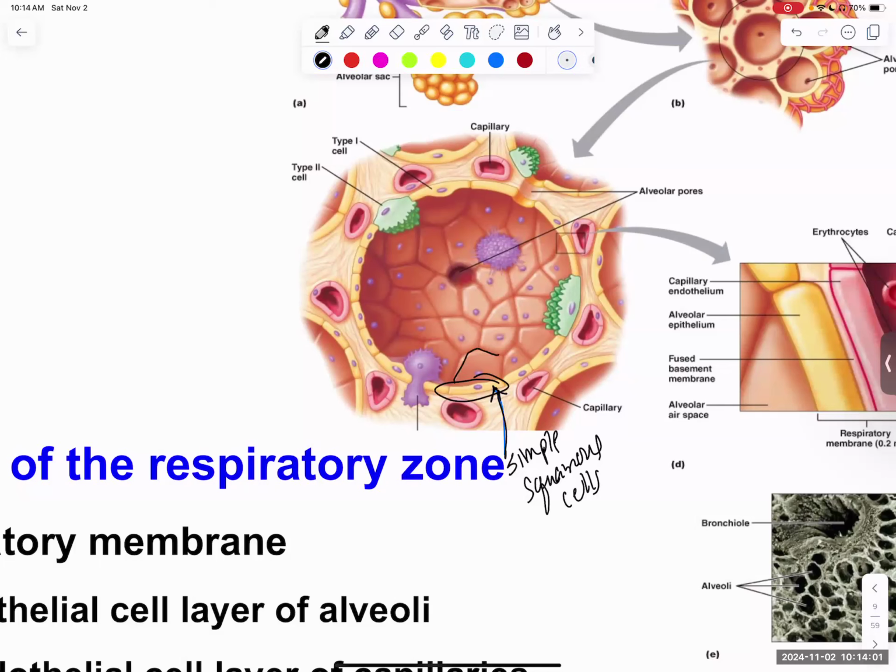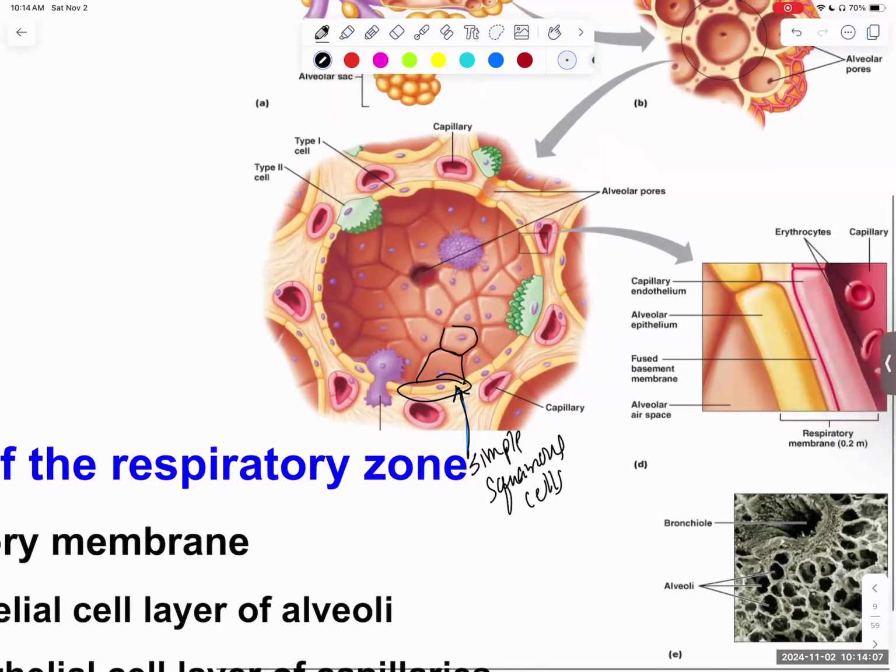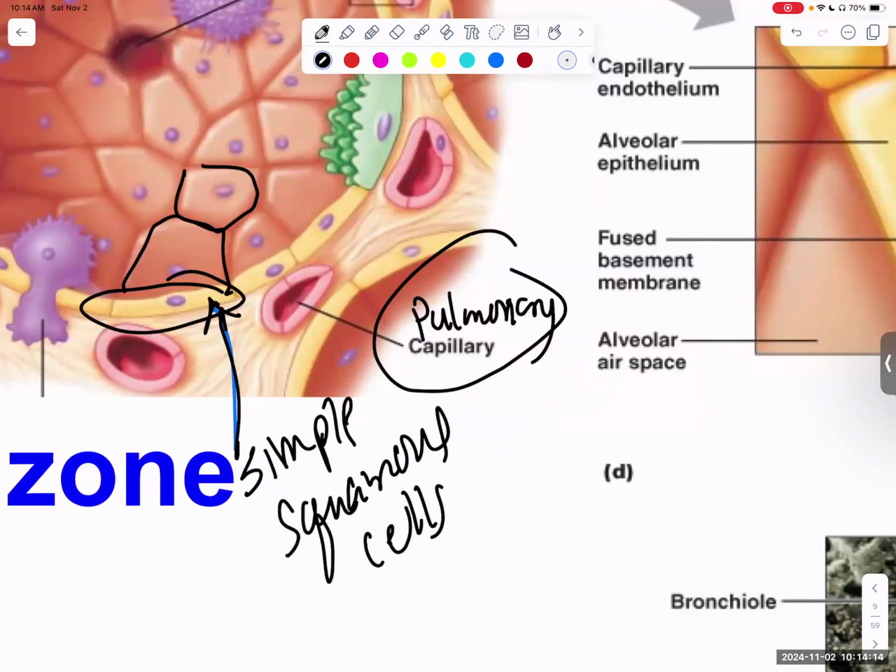And that is what's making up the alveolar structure. You can see that these are pulmonary capillaries here, right next to it. So this is where we're seeing the respiratory membrane.